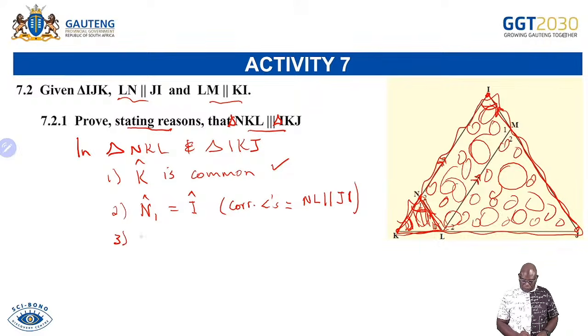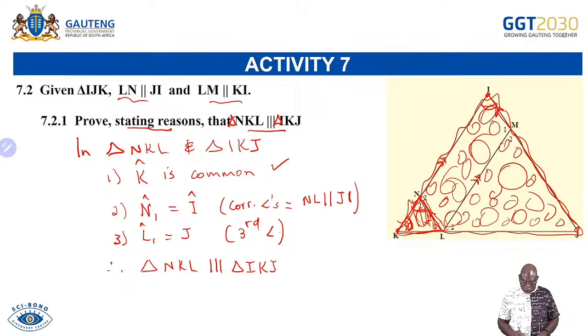Number 3, it's obvious. So in other words, what is left? A done, N1 done, what is left? L1. L1 and J. These are also corresponding angles, but I can just write third angles. Okay, I then say therefore, triangle NKL is similar to triangle IKJ.